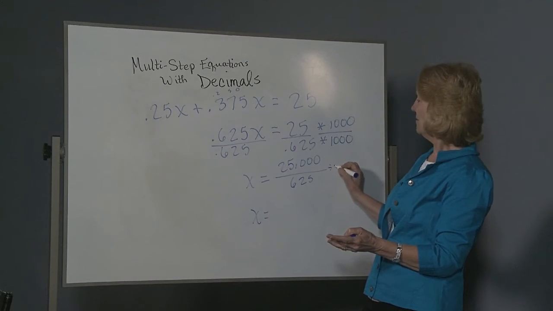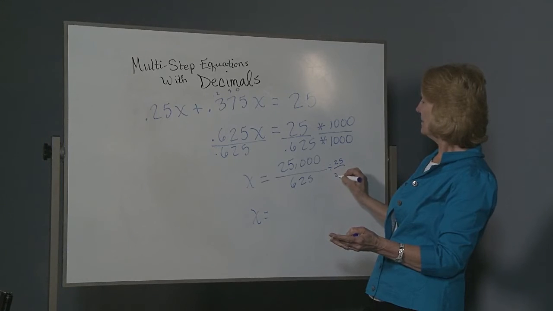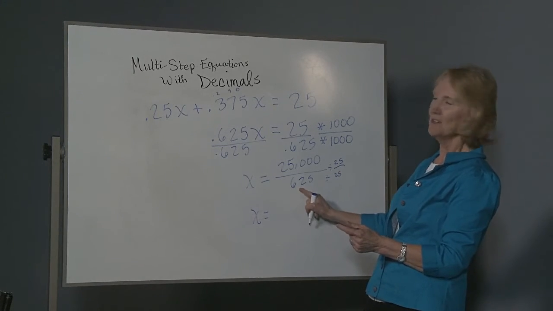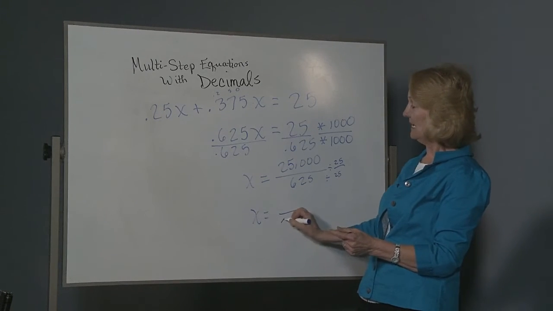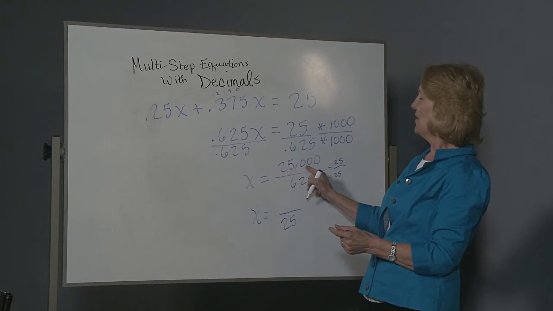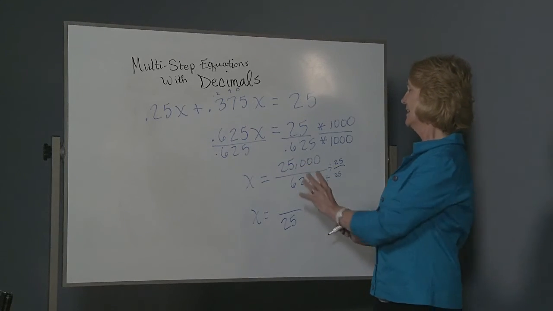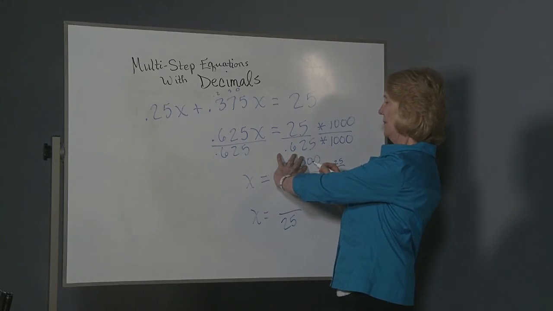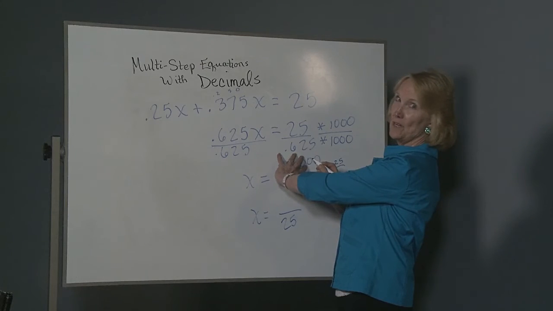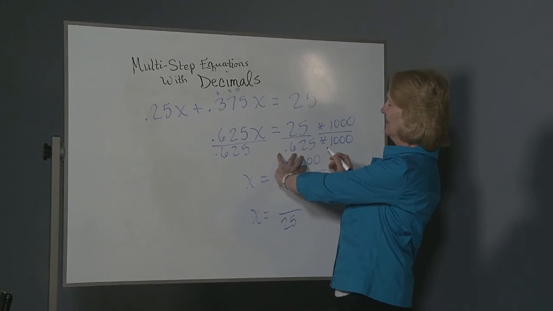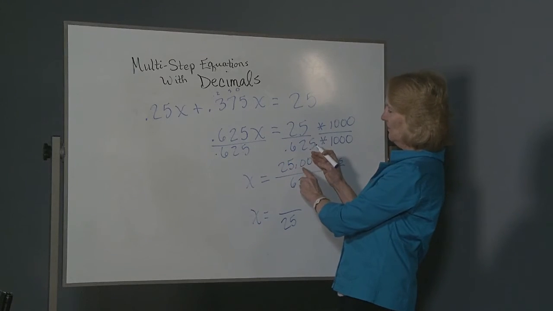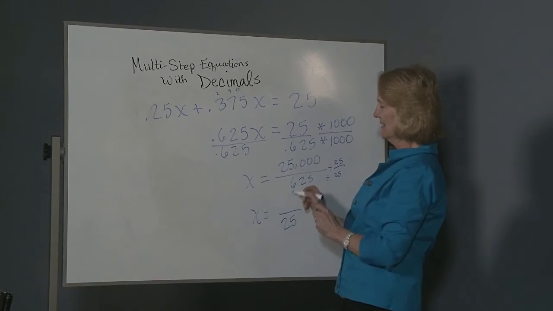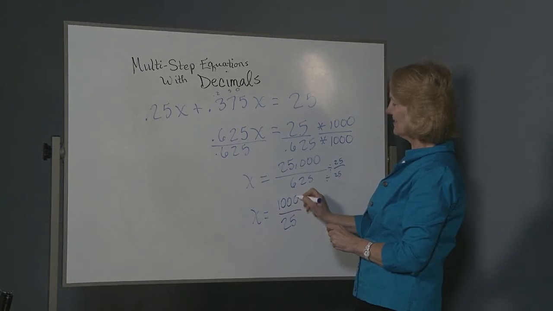So if we divide by 25 on top and divide by 25 on the bottom, 625 divided by 25 would be 25. So we have 25 will go into 104 times. So it goes into every 100 4 times. We have 250 hundreds. So we have 1,000.